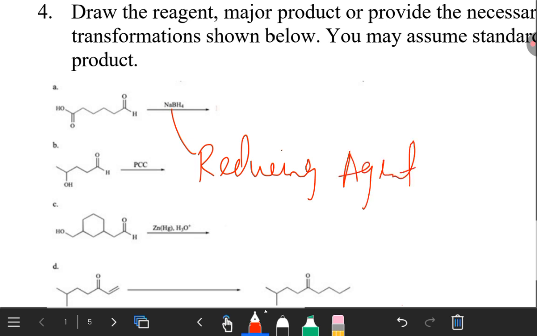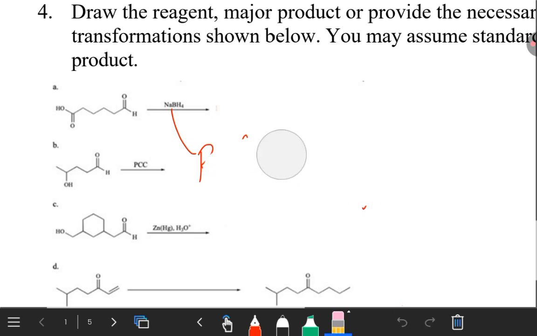Because it is a reducing agent, it is going to just reduce this aldehyde there. The carboxylic acid won't be affected. The carboxylic acid cannot be reduced by this sodium borohydride. So let's see how we are going to write the structure.